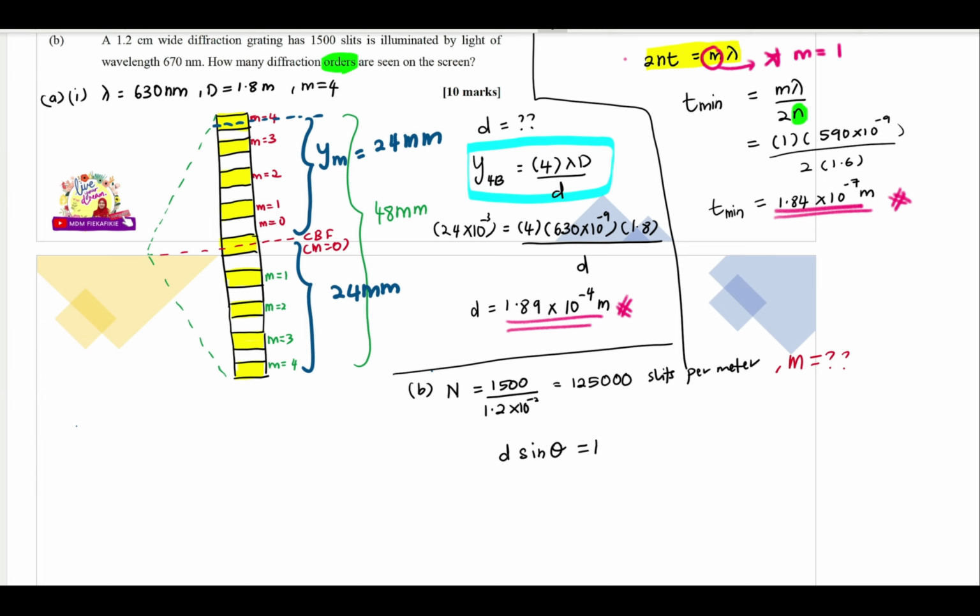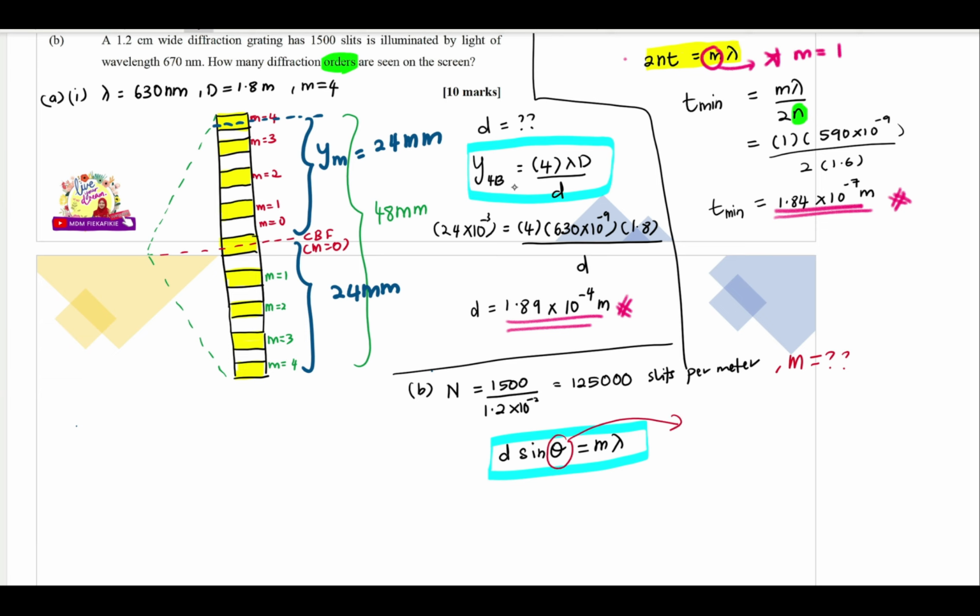D sin theta equal to m lambda. Okay, sekarang tengok dekat sini. Sin theta, okay, kita nak kira berapa maximum order yang kita boleh nampak on the screen. Okay, so kita boleh tengok dekat sini, kita ada angle theta.